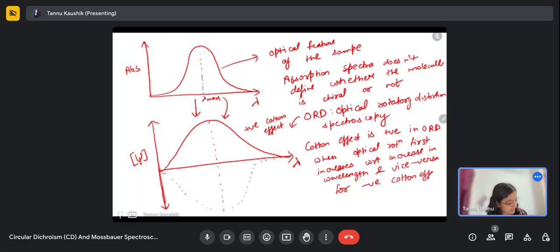That is, optical absorption decreases with increase in wavelength.